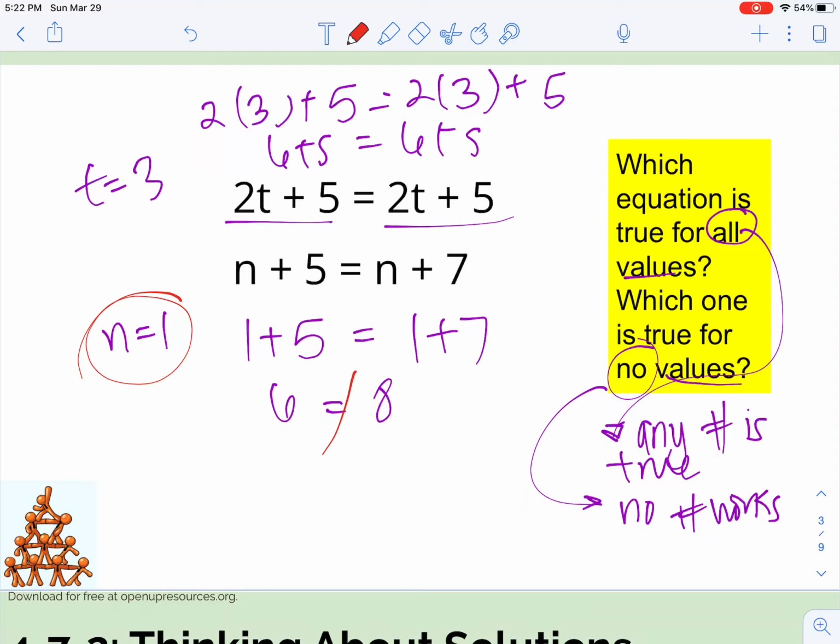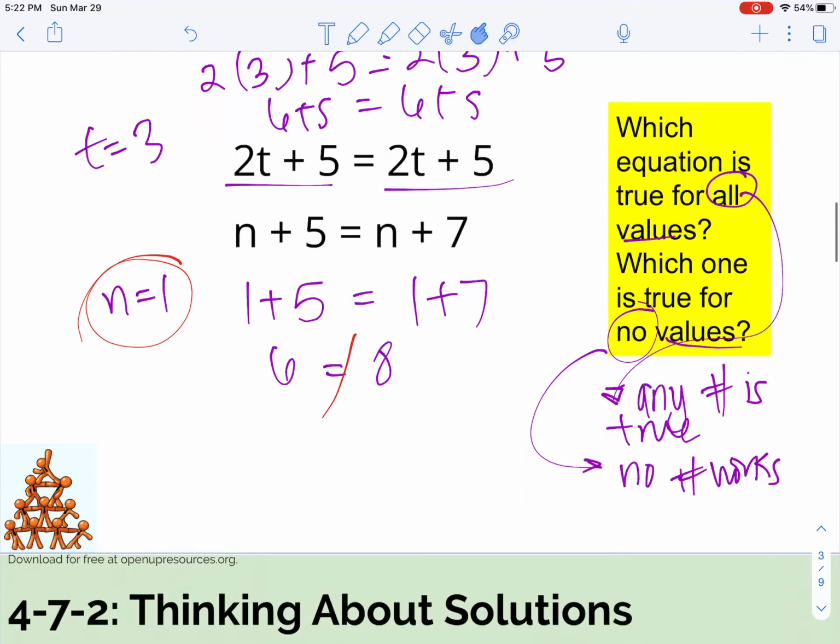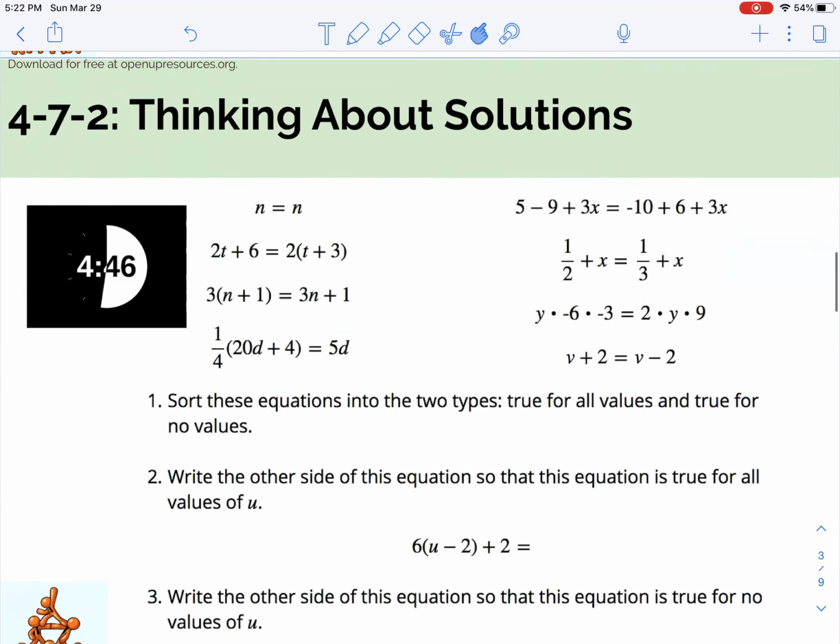It never changes, if that makes sense. Whatever the letter is, it is the same value wherever it shows up on both sides of the equal sign. It's never going to be like sometimes n is 2 and sometimes n is 3. It's either 2 or 3 for that equation, or whatever it may be. Okay, moving on.